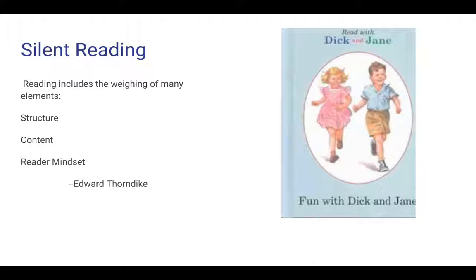Edward L. Thorndike was the one who disputed notions of reading as a simple habit and began to look at the different elements of reading. He began to say that reading is a matter of many things coalescing together: the structure and the readability of the text, the content, and the reader mindset.